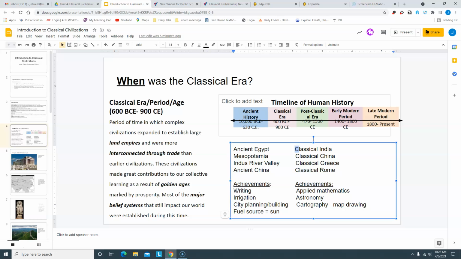This should be familiar to you. They achieved writing, irrigation. They planned out their city. And their fuel source was the sun. During the classical period in India, China, Greece, and Rome, their achievements include applied mathematics, astronomy, cartography, which is map drawing.